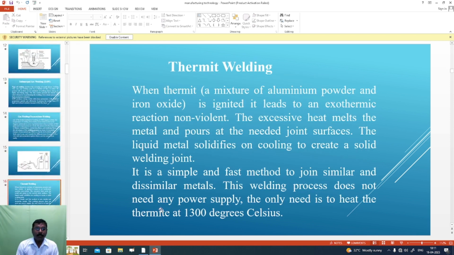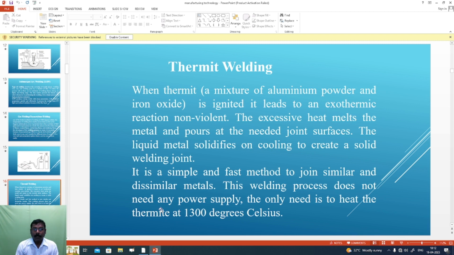Next one, thermite welding. When thermite, a mixture of aluminium powder and iron oxide, is ignited, it leads to an exothermic reaction, non-violent. The excessive heat melts the metal and cures at the needed joint surface.